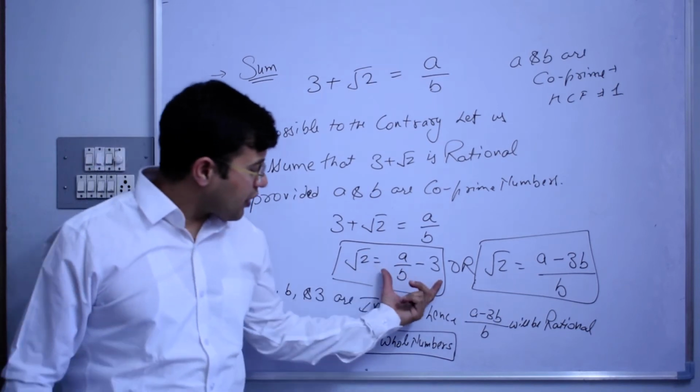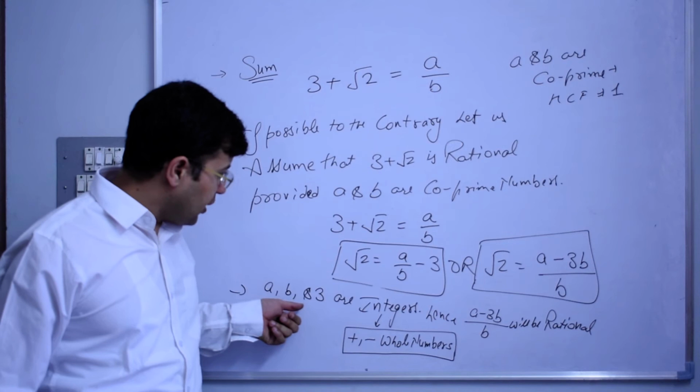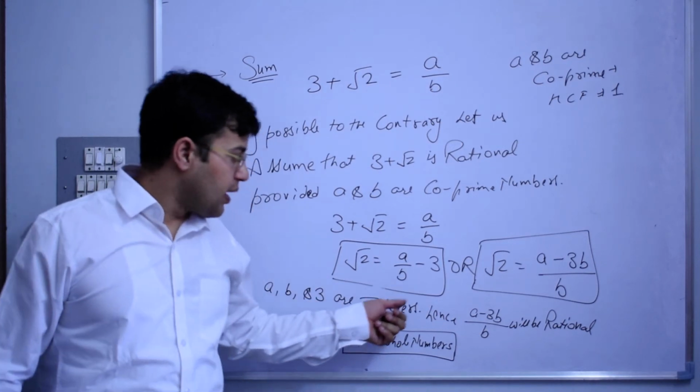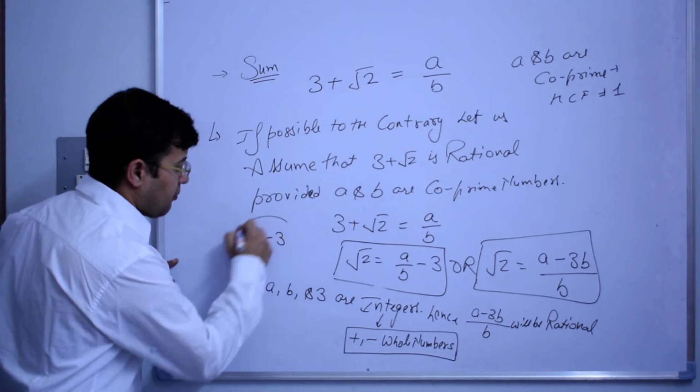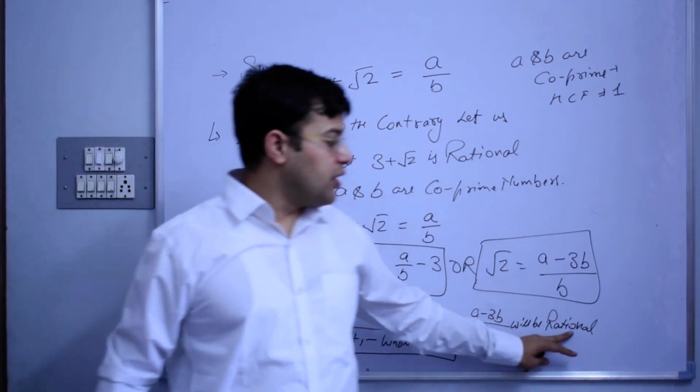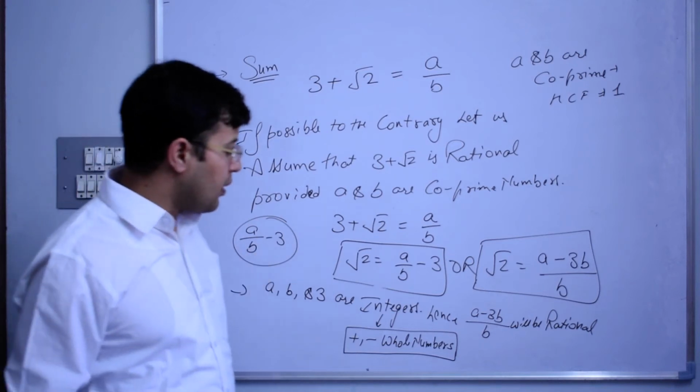For the students who have taken the first step, again the equation remains the same. a, b, 3 are integers, hence a by b minus 3 will be rational, because you still have a p by q term over here, right?